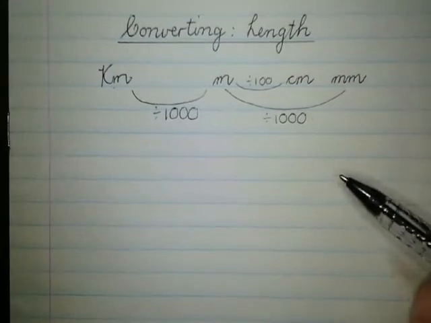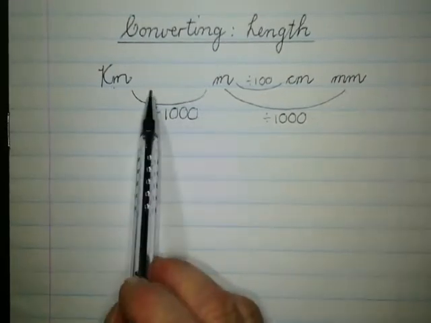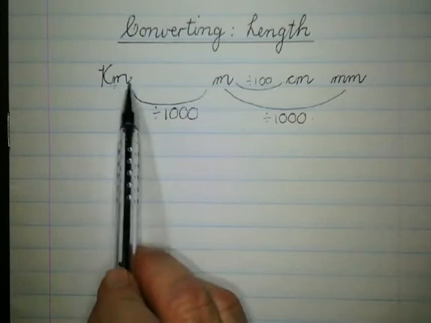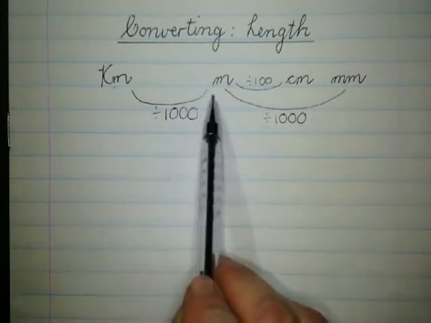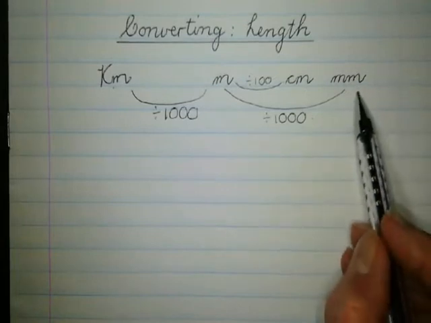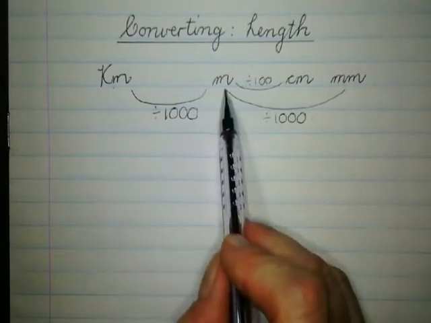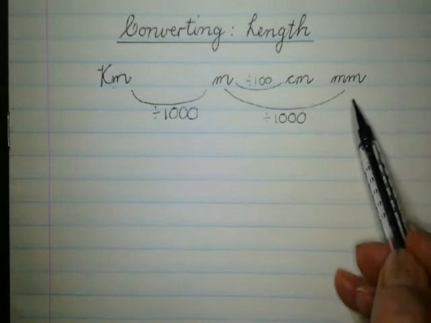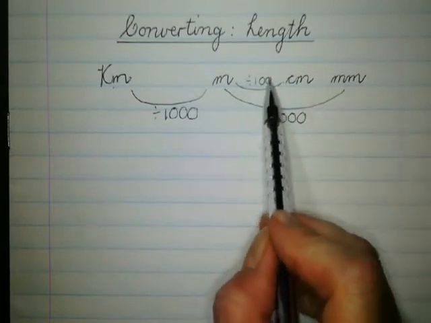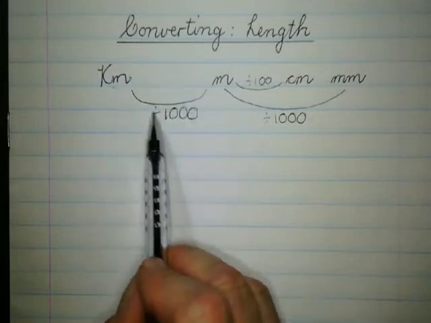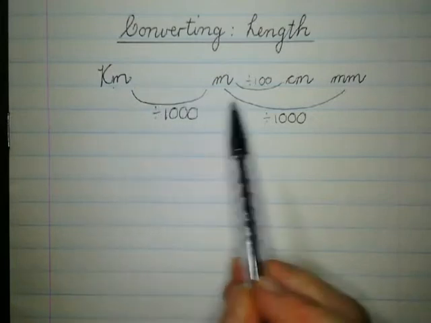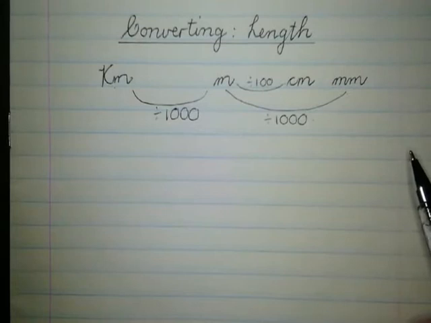What's important now is we're going to have to know the places that we are going to use in between these units that we are used to using. Although you see the kilometers, meters, centimeters and millimeters, there are also units in between that keep the space there to know if it's 1,000 or 100 that we have to multiply or divide with.